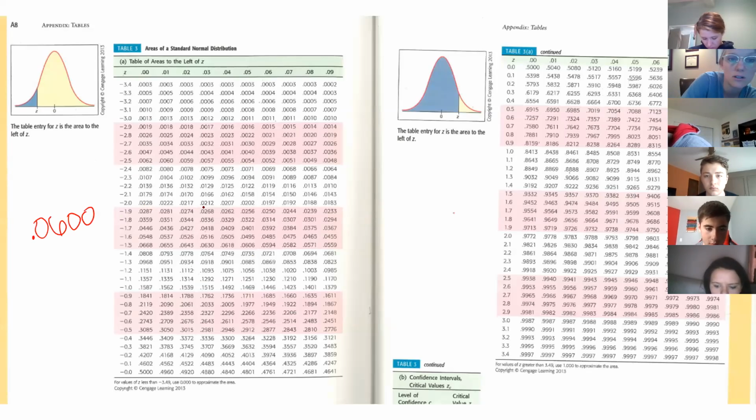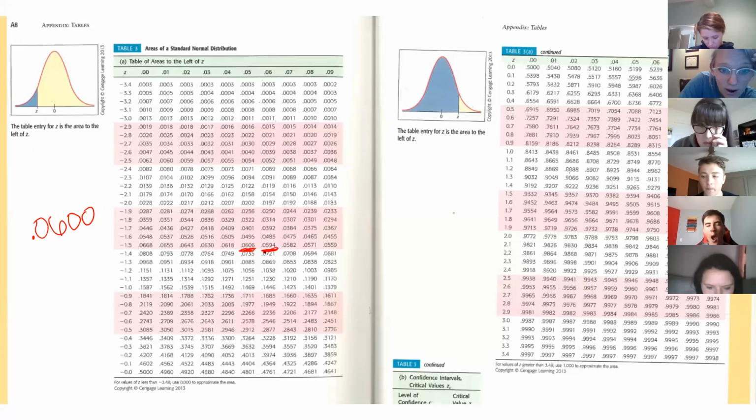Negative 1.5, negative 1 point what? Negative 1.5055. Okay, yeah, because 0.0600 is going to be right between this one and this one.